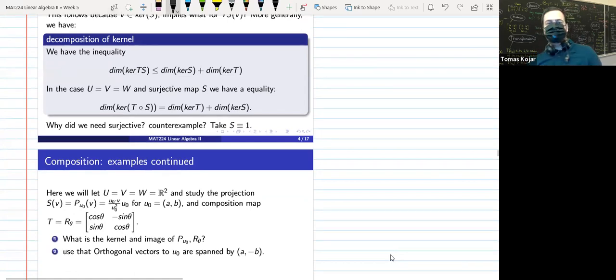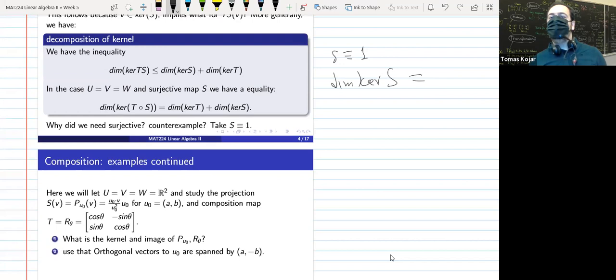But yeah, if you take S to be 1, then what's the dimension of its kernel? Any ideas? Zero. It's never zero. But is that okay?